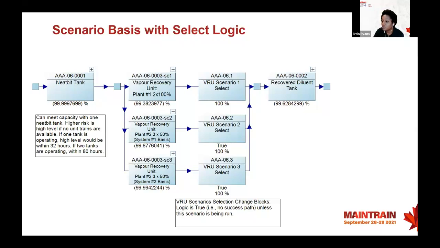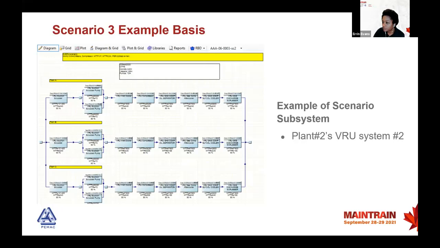But then if we were to drill down, we'll pretend and drill down into one of these scenarios so that you can see what it looks like when you drill down into one of these subsystems. Here's an example of the scenario subsystem.